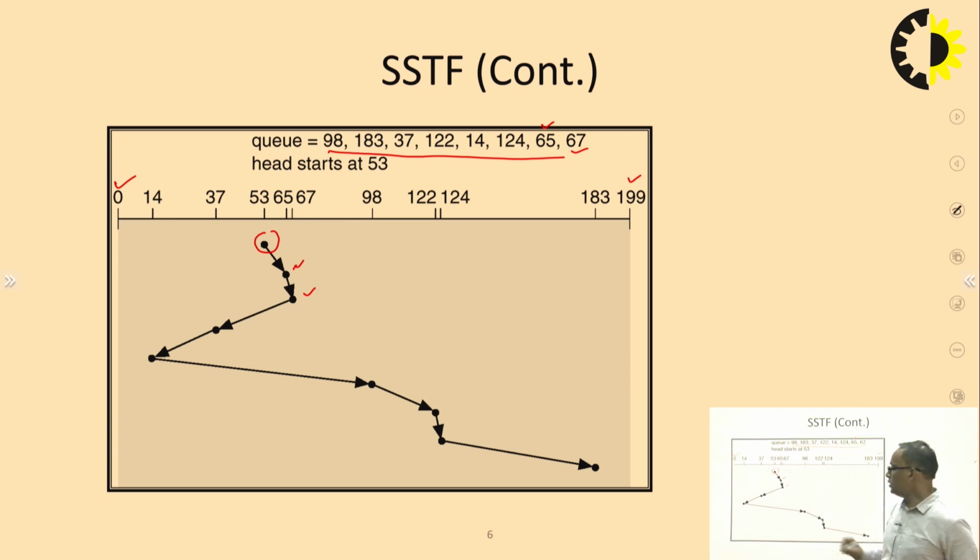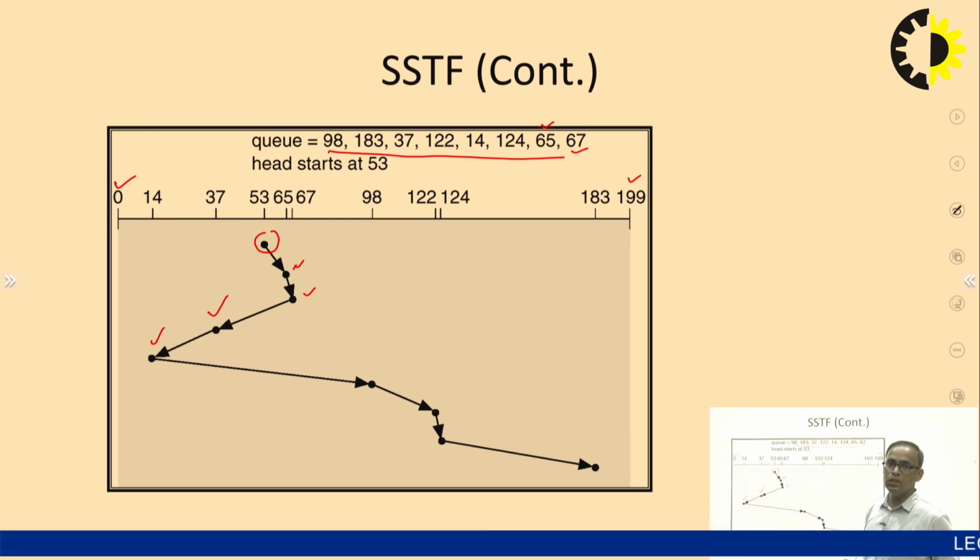After executing the 67, again the nearest request to 67 is 37. So it will service the request 37. Again from 37 the nearest input output request is 14. So it will go to track number 14 and service the input output request 14. After that from 14 the remaining requests are 98, 183, 122.